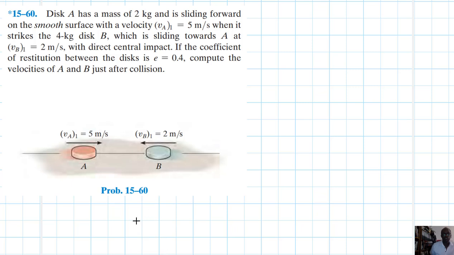So let's add a bit of detail here. We do have mA, the mass here. We've been told this is 2 kg, right? And then the mass here is equal to 4 kg.